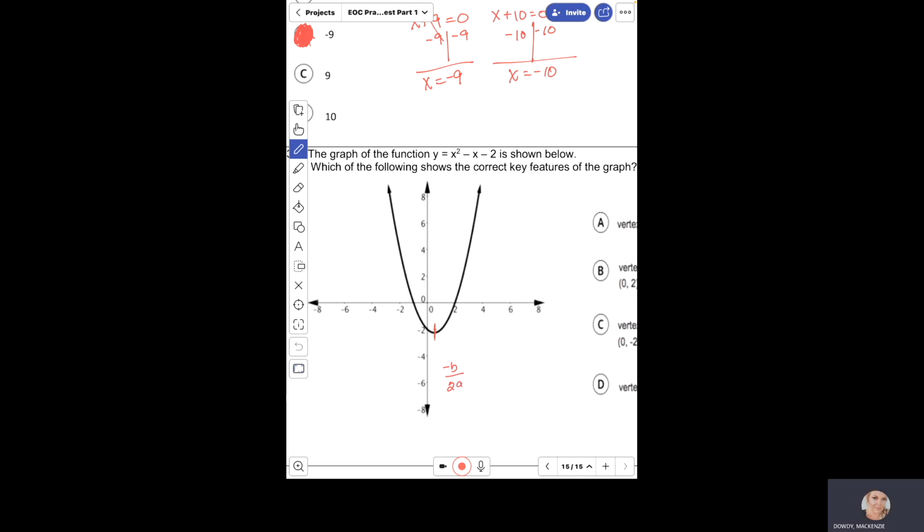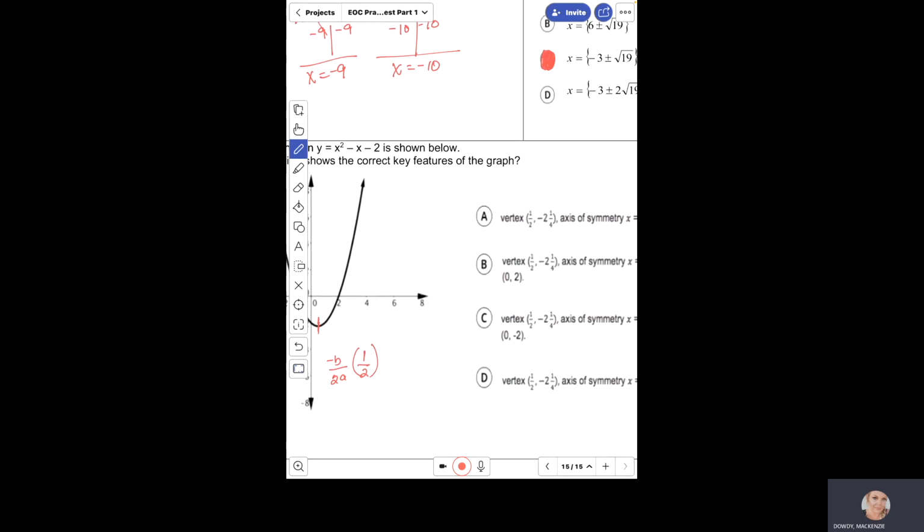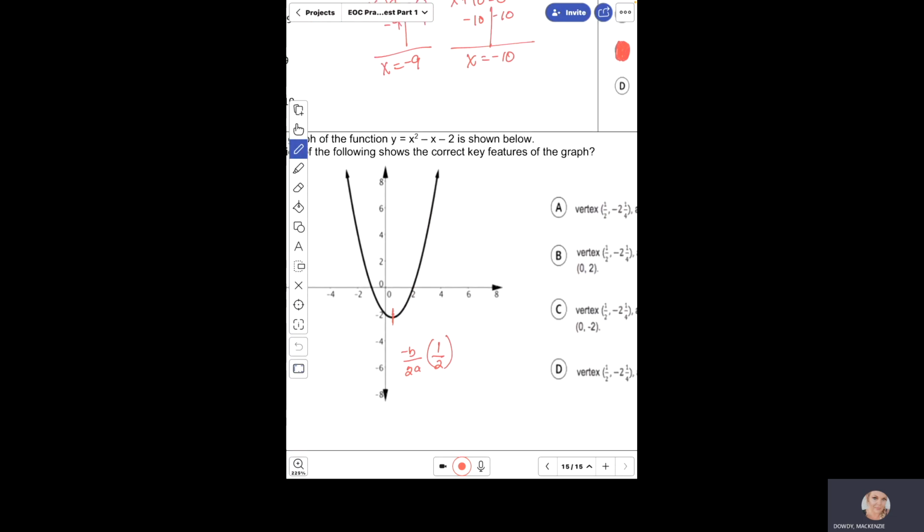So b is already negative, it's a -1, so it's going to be a +1 divided by 2. So the x value of our vertex is 1/2. So we can go see if we can eliminate anything, and no, we can't. They all say 1/2. So now let's take that 1/2 and plug it in to our equation for x and solve for y. So y equals 1/2 squared minus 1/2 minus 2.